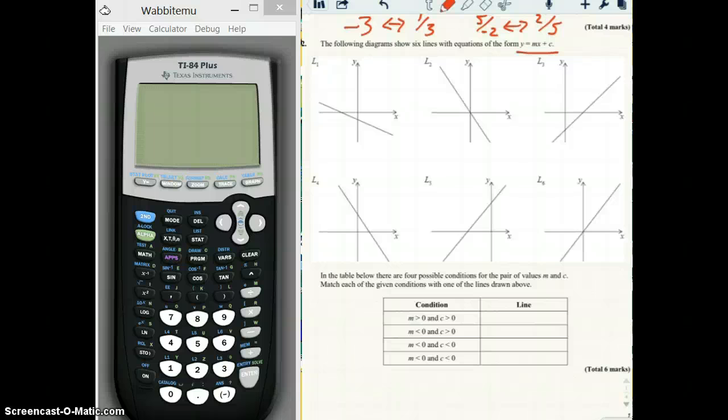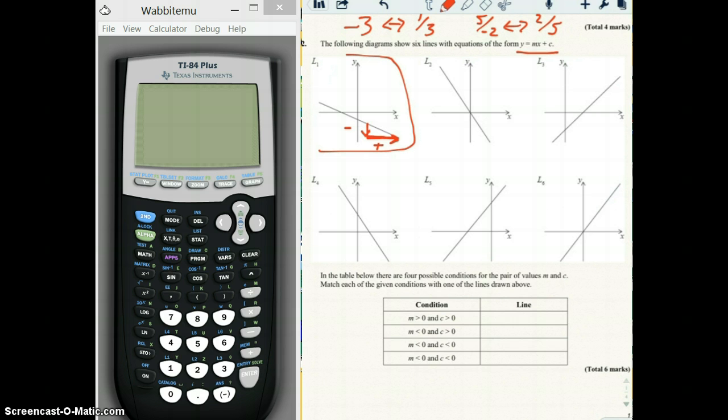Let's look at this one here. If you tried to estimate this gradient, is it a positive number or a negative number? You can see that the run is positive going to the right, but the rise is negative, so the gradient here would be negative.